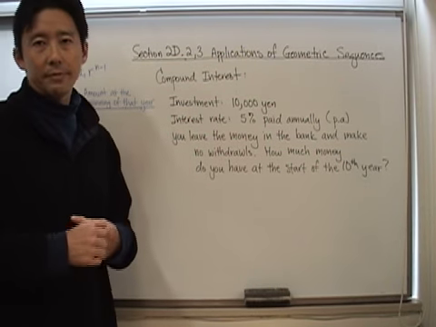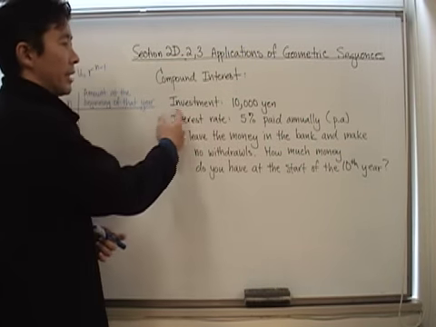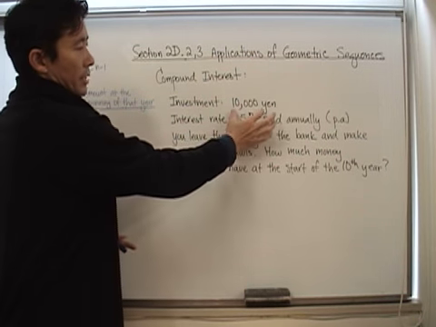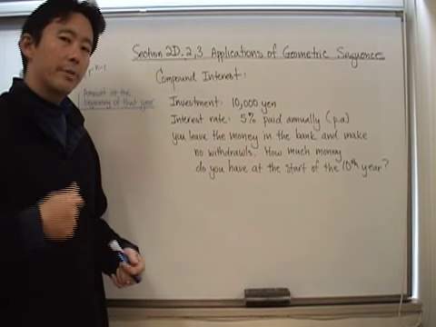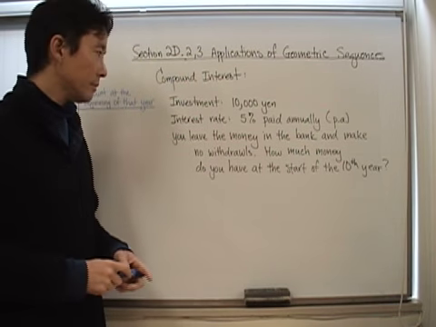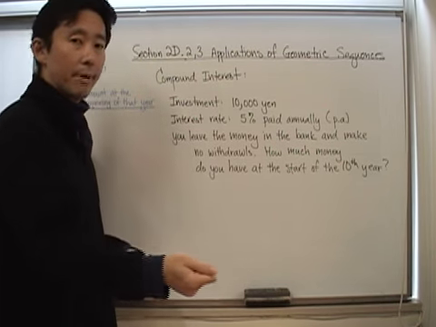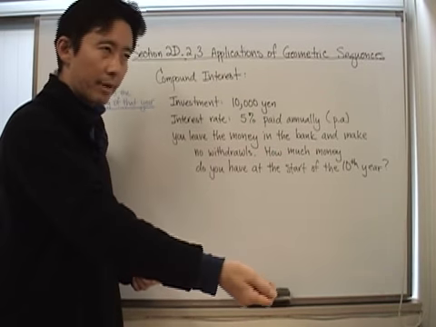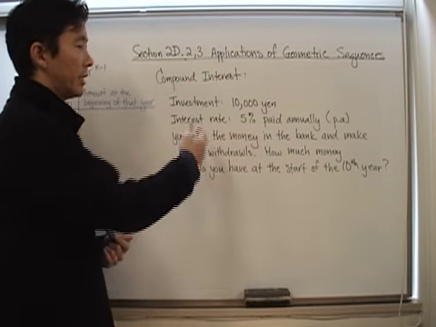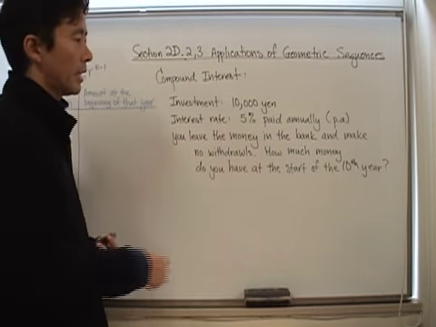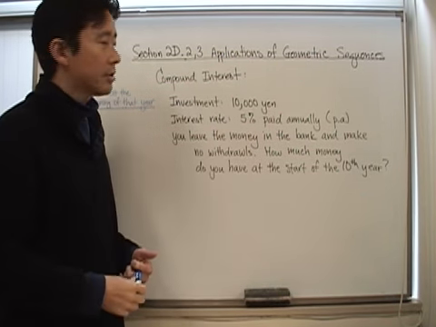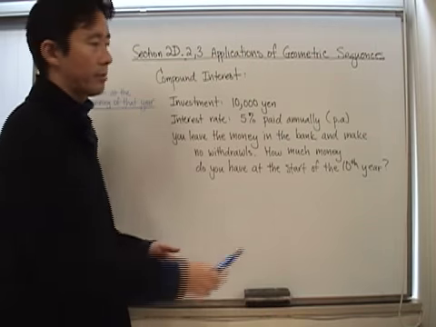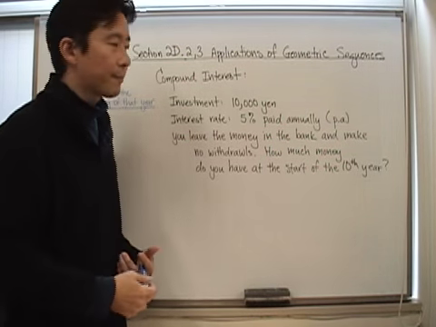Say, for example, you have an investment, in other words, you're taking this money that you have, let's just say 10,000 yen, and we are going to put that into the bank. When you put money into the bank, the bank is going to give you an interest rate. Let's say it's a 5% interest rate paid annually, which would be abbreviated by PA.